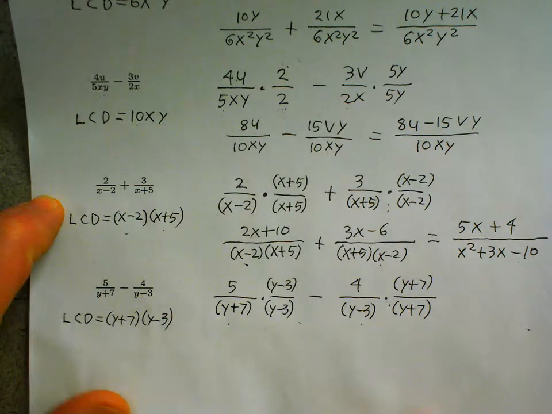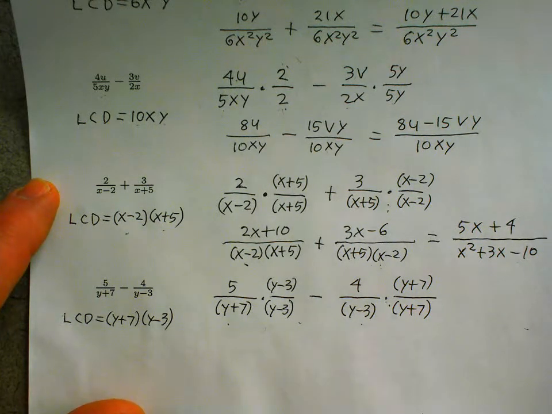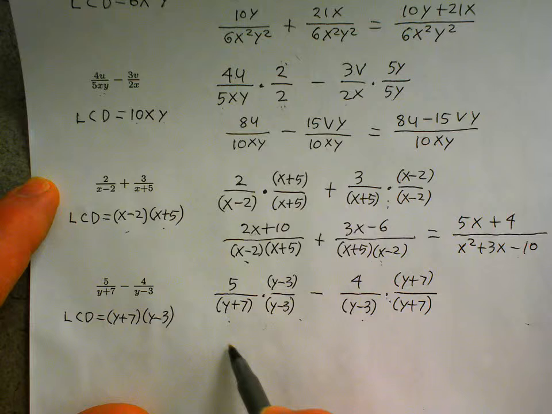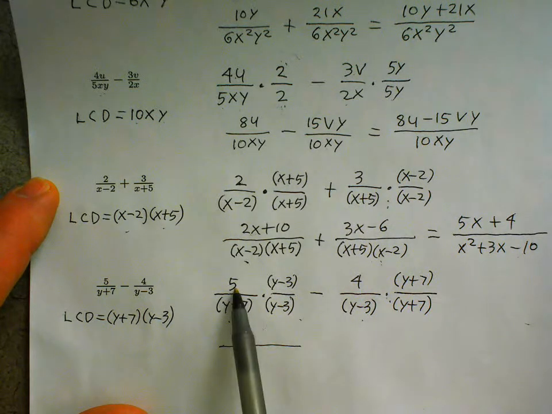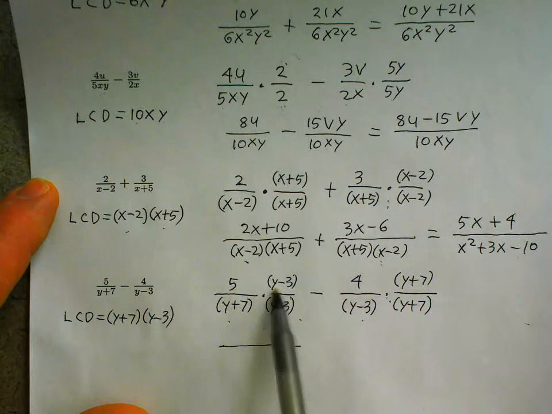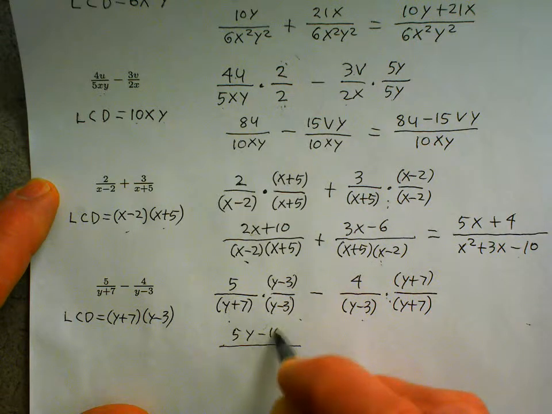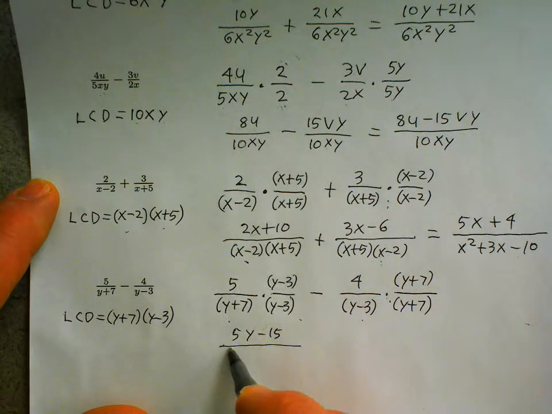So we always have to be careful with the arithmetic. And it seems that we have to be even more careful whenever subtraction and negative numbers are involved. So in the next step, in this fraction, in the numerator, we're going to multiply 5 times the binomial y minus 3. So we get 5y minus 15. And then the denominator, y plus 7 times y minus 3.